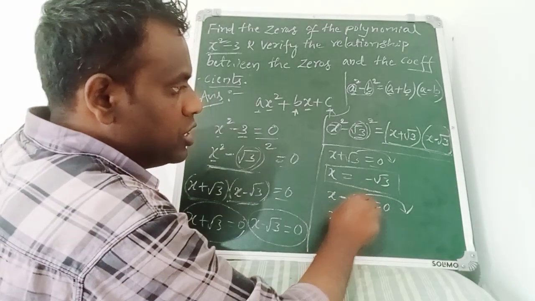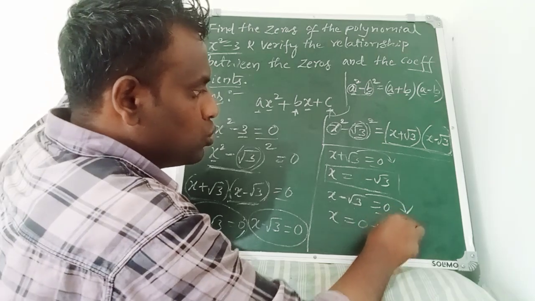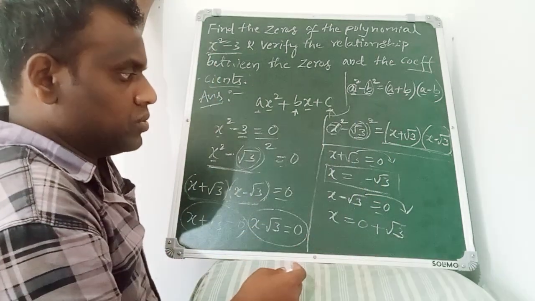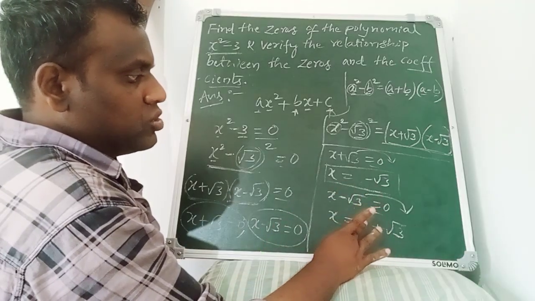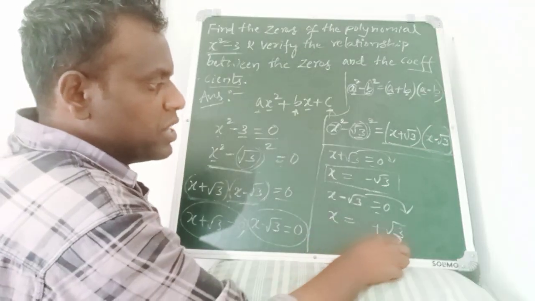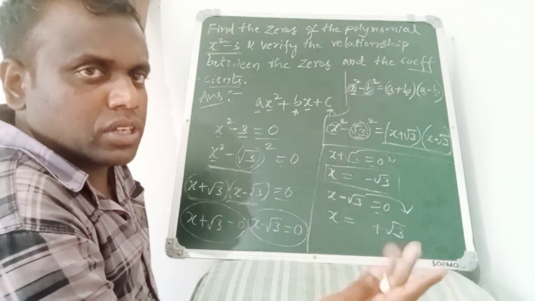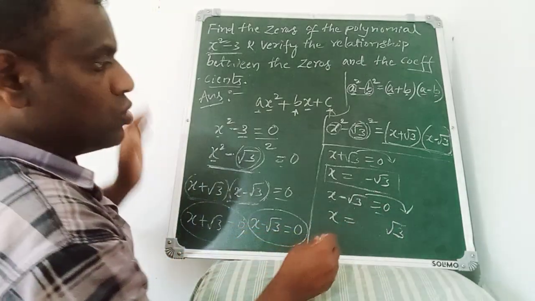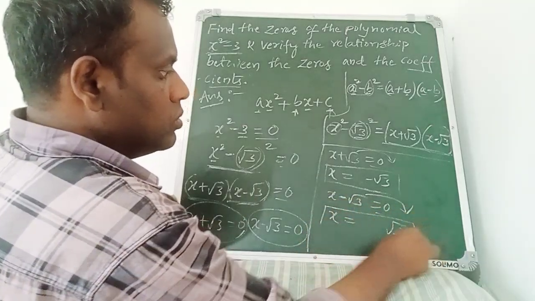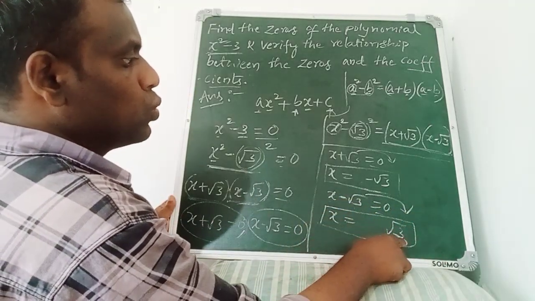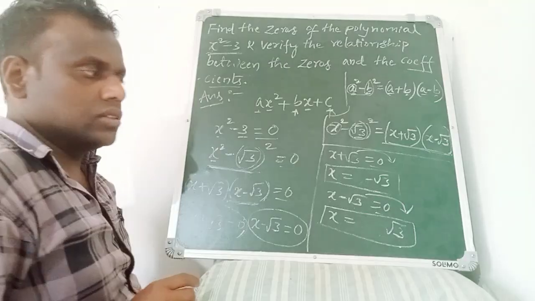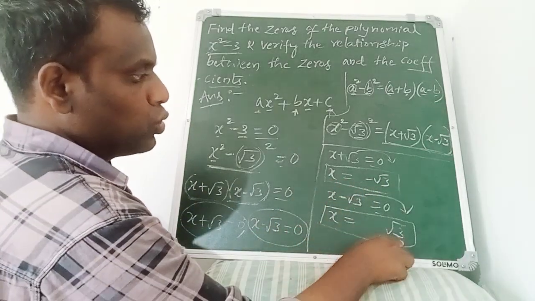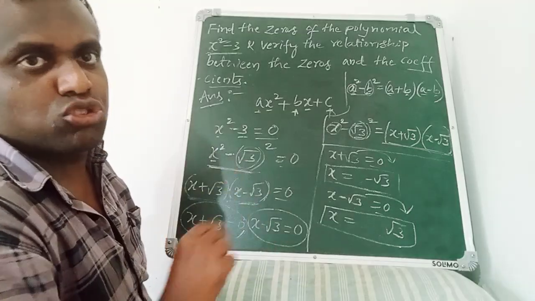When minus root 3 is moved to this side, it will become plus root 3. 0 means nothing, so I will just erase it. Plus root 3 or just root 3, both are same, so I will erase this plus sign also. So what we got? x is equal to root 3. Now x is equal to minus root 3 and x is equal to root 3 are the zeros.